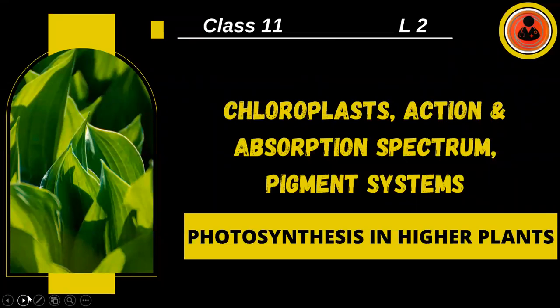That's all about today's super amazing class about photosynthesis in higher plants. Today's class is finished. Tomorrow, we will be discussing lecture number 2: the chloroplast, action and absorption spectrum, and the pigment systems are the 3 important topics that we will be discussing in the next class.